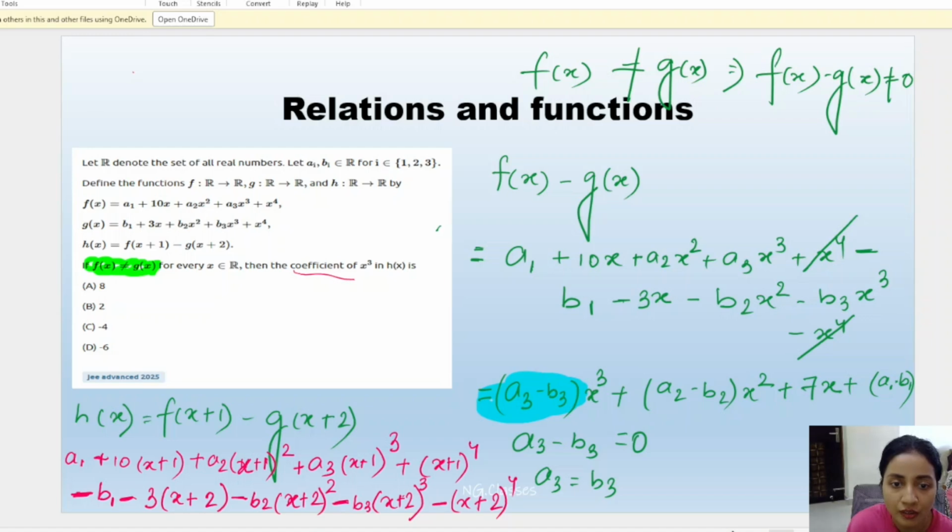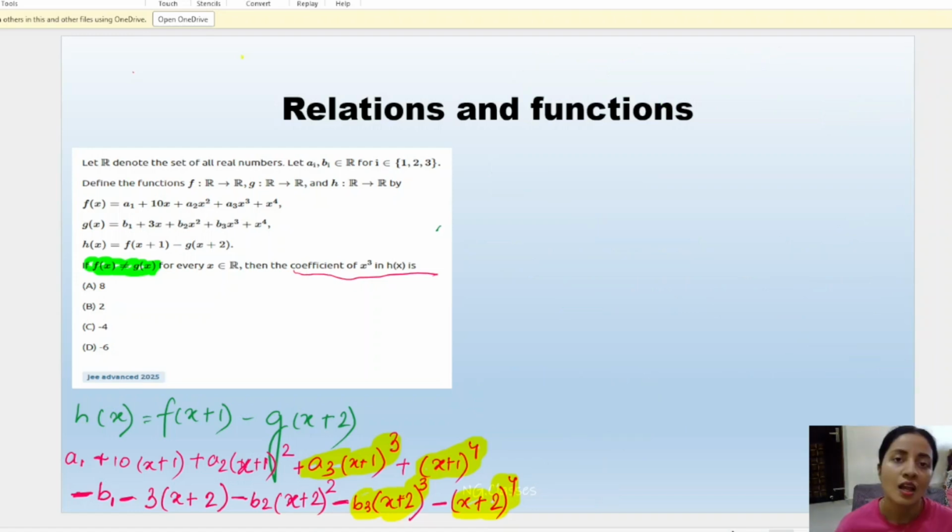See carefully, in h(x), we can clearly see that we are going to get the coefficient of x cube from this part, that is a3 (x+1) whole cube. The next term, that is (x+1) to the power 4. Then we have the next term from g(x), that is b3 (x+2) whole cube, and the last term, that is (x+2) to the power 4. These are the 4 terms which will give the coefficient of x cube.